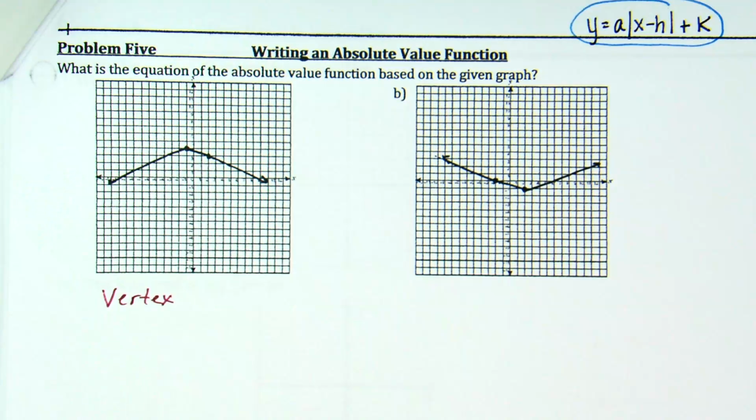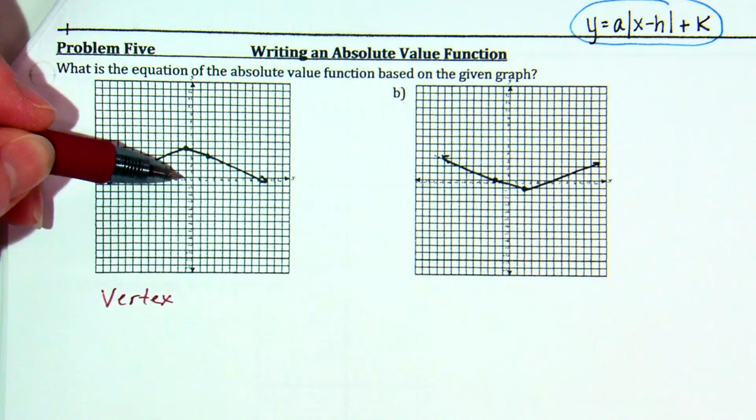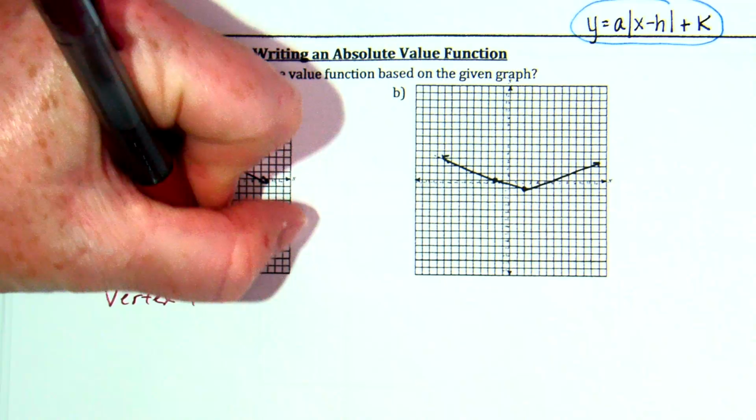To me, necessary is the vertex. Can you identify the vertex? What is my vertex here? -1, 4? Because what did my graph do?